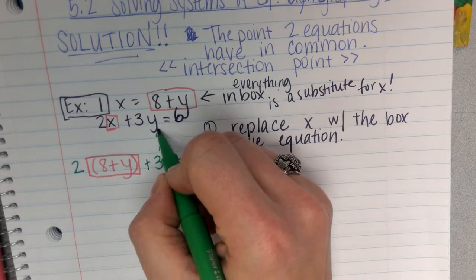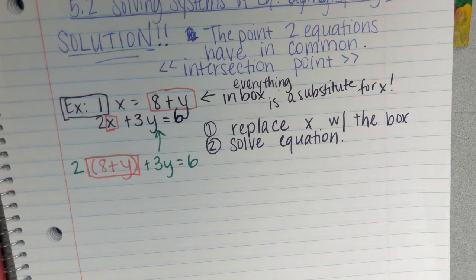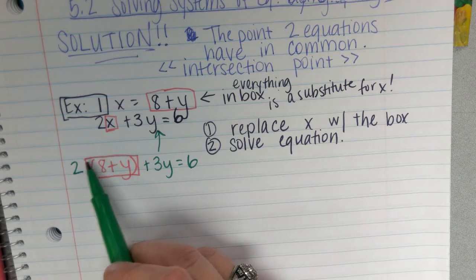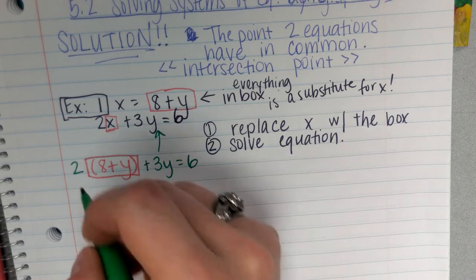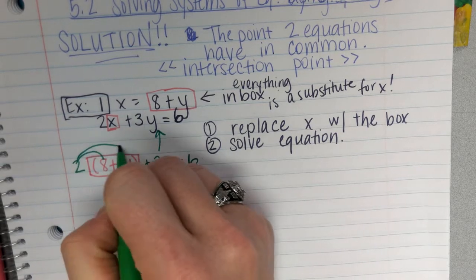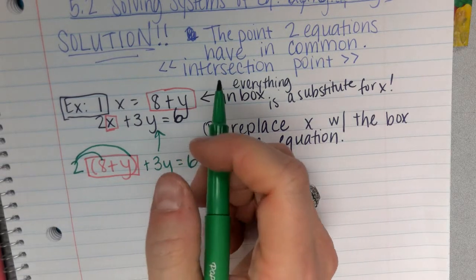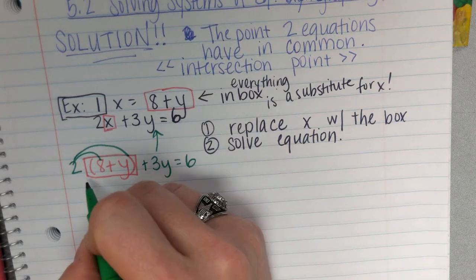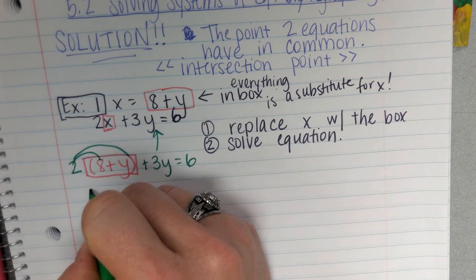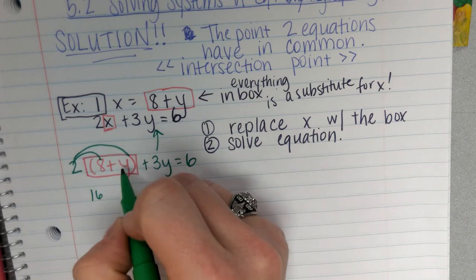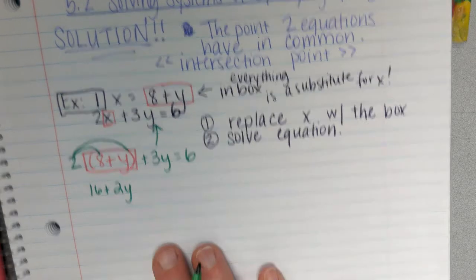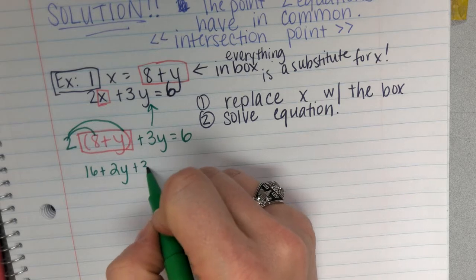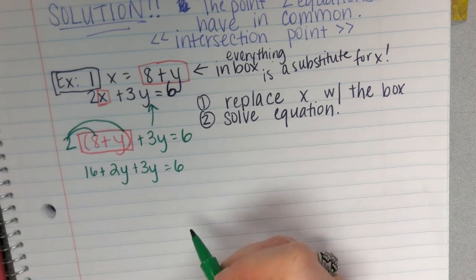It's just straight from that equation right there. So you can remove the box, okay? But what we're going to do here is distribute this 2 into the parentheses first, because we distribute first. 2 times 8 is 16. 2 times y is 2y. So we end up with 16 plus 2y plus 3y equals 6.